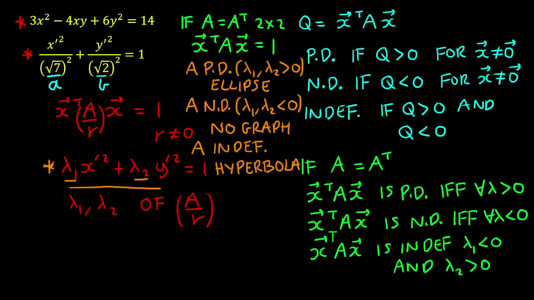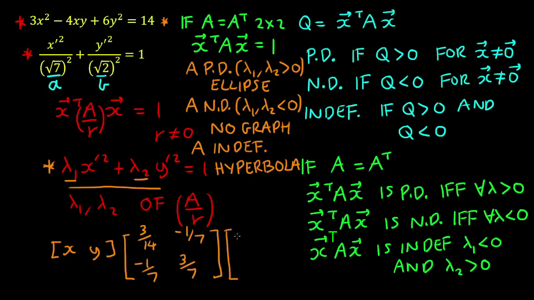So alternatively, we can rewrite this quadratic form, and dividing through by 14, we have 3 on 14, and 6 on 14 would be 3 on 7, and then we have minus 2 on 14, which is minus 1 on 7, and minus 1 on 7, multiplied by xy is equal to 1.